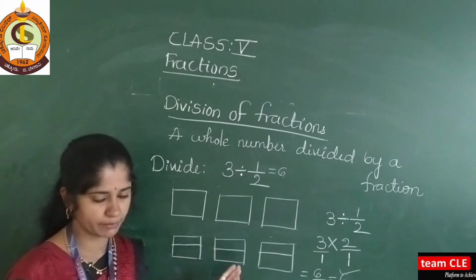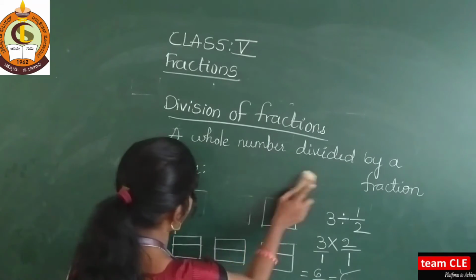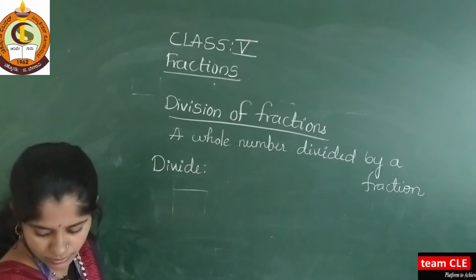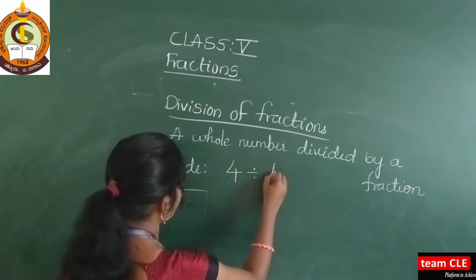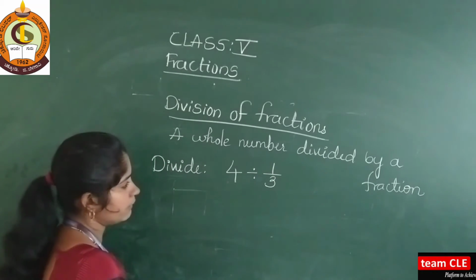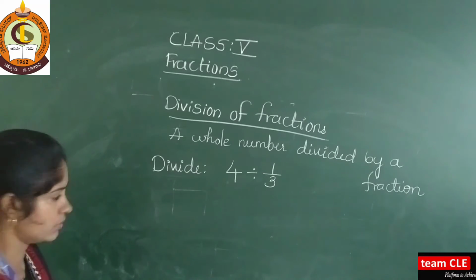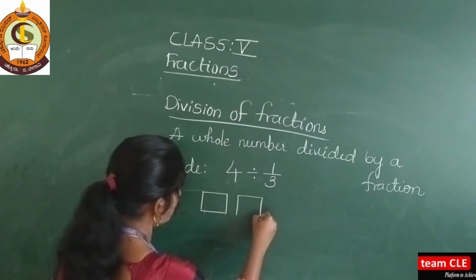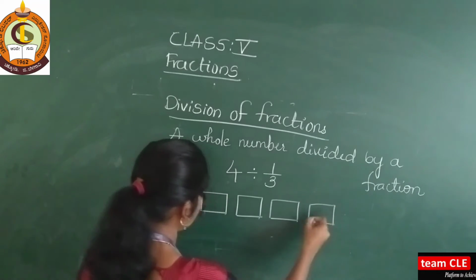I hope you are getting my point. I will solve one more example from My Practice Time 10, not 6. 4 divided by 1 by 3. 4 is a whole number and 1 by 3 is a fraction. So I will draw 4 wholes: 1, 2, 3, 4.